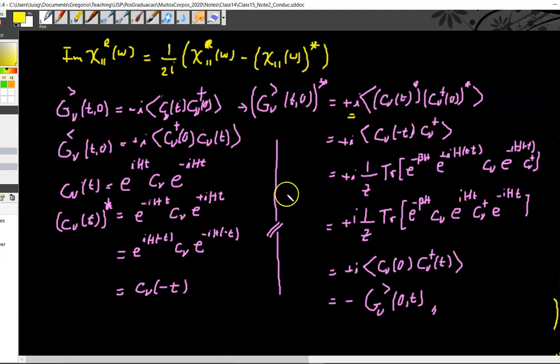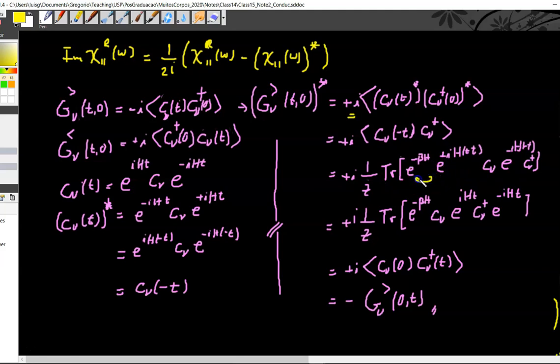Now this is a trace, and it is translation invariant in time. The trick here is to write this, instead of minus t here, with a 0 and then a t here. How do I do that? Well, e^{-iHt} here, e^{+iHt} here. I can shuffle the operators inside the trace in a cyclic way.